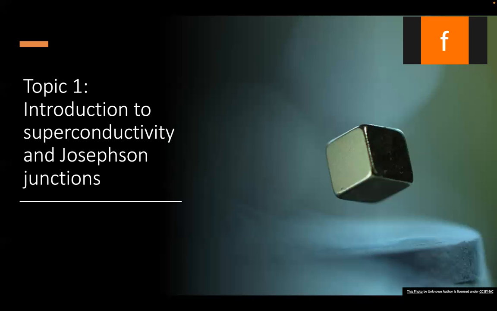From the macroscopic point of view, this has to do with the formation of Cooper pairs, where two electrons with opposite spin, one half, form a bound state.